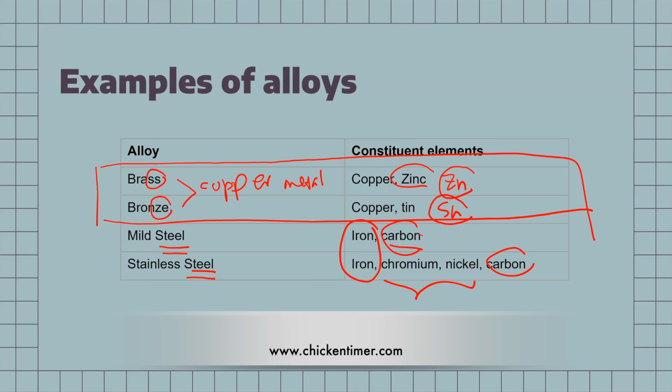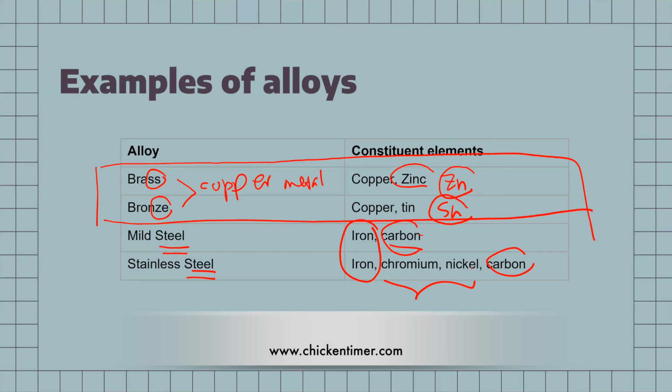Okay. If you check your books and all that, you will see a lot of other alloy names. Unlike your metal elements, you have many possibilities of alloys just for a single metal.